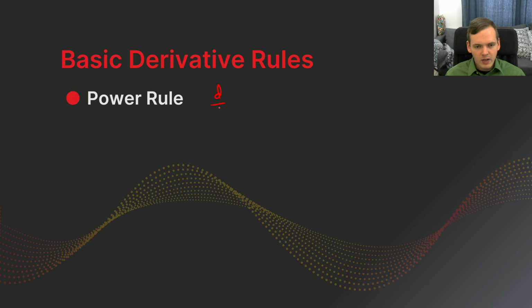If you're trying to find the derivative of a function that looks like x to the n, and only x to the n, where n is a number, then this is going to be equal to n times x to the n minus 1. So in other words, if you have something like x cubed, then the derivative is going to equal 3x squared.